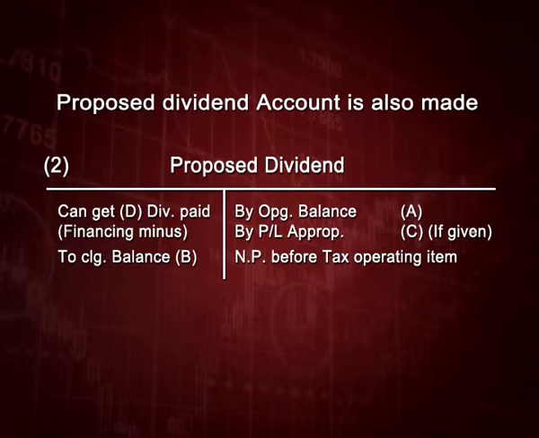This dividend paid will be deducted from financing activity and the appropriation part will be added to arrive at net profit before tax. Please remember, if it has not been deducted from that net profit, we will not add back, but if it has been deducted, we will add back.